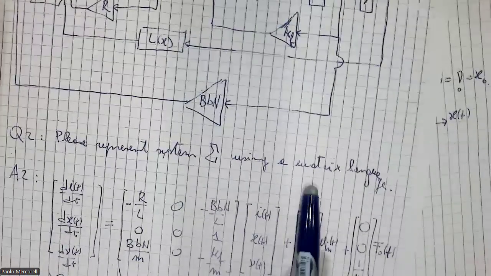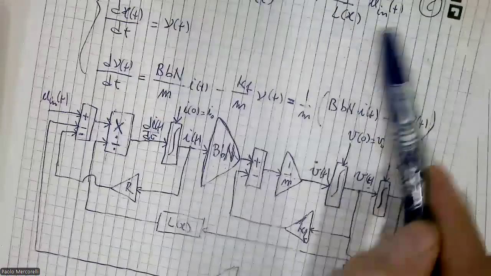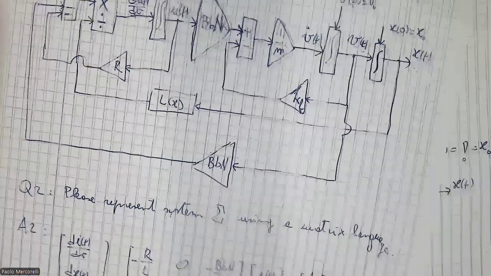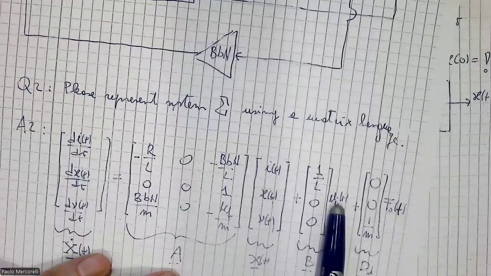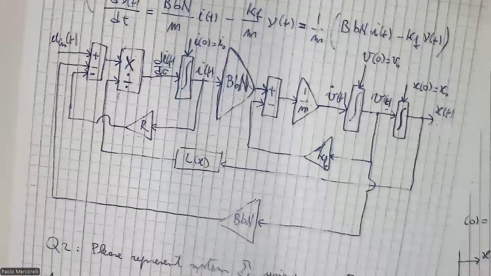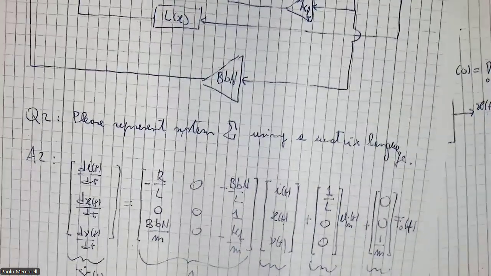Look, here it is easy to build, because you know that the input appears just in the first equation. 1 divided by L multiplied by the input u, in the first line and the first element of this vector. Both are 0 here.